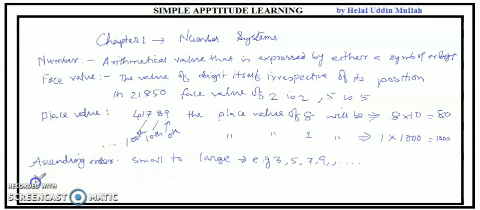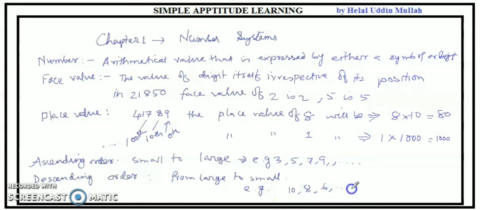Then we have descending order. We arrange the numbers from large to small. For example, 10, 8, 6, and so on.